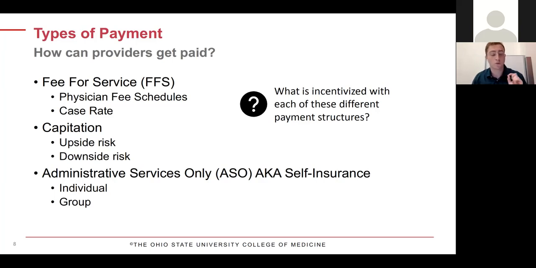And then I also want to touch very briefly on administrative services only. There's a trend in healthcare where companies who have large groups of employees find that they are able to keep a pool of money in order to pay for those claims, but they still want to have the network, and they still want the expertise that comes along with negotiating healthcare claims from the health insurance company.